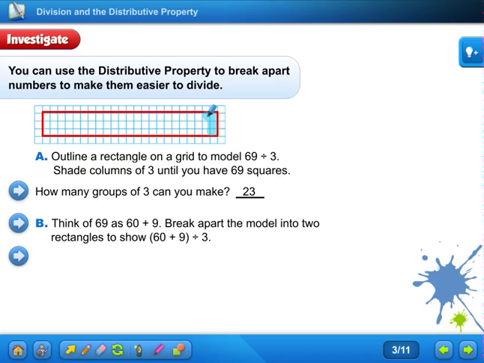1, 2, 3, 4, 5, 6, 7, 8, 9. Pretty simple. And now we have to do the 60 part. I already know I have 69 squares, so I'm just going to shade in the rest, because I know that 60 plus 9 equals 69.